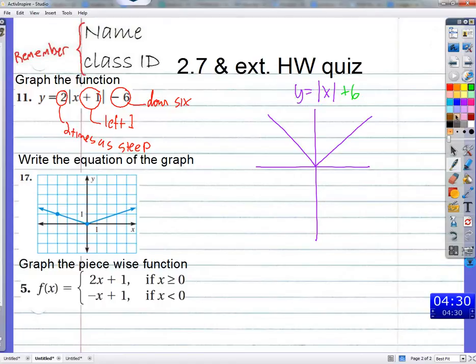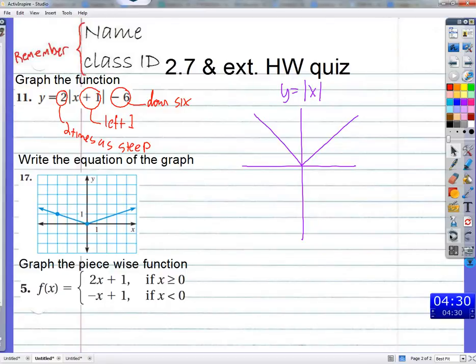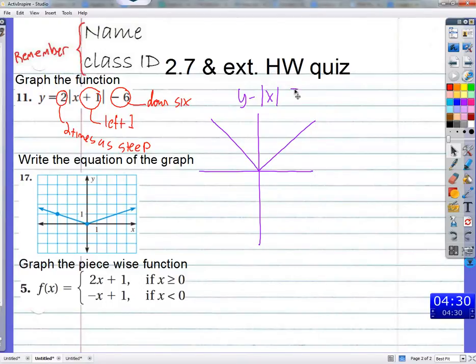But why, when we subtract 1 or add 1, does it do the opposite of what we might think it would do? I'm going to move this over. Why all this? Okay.